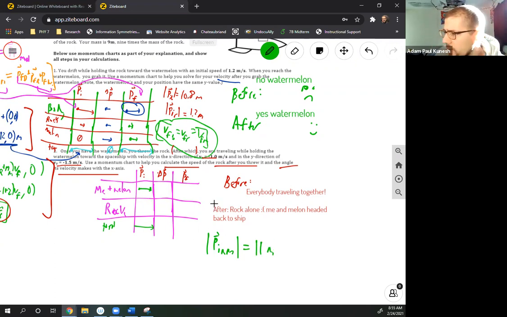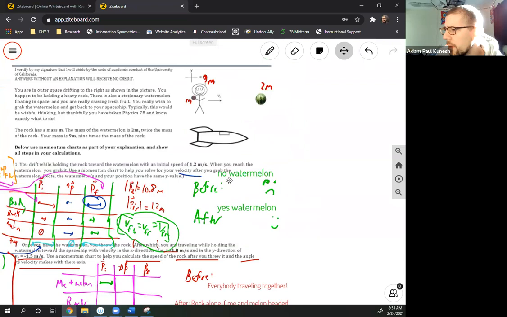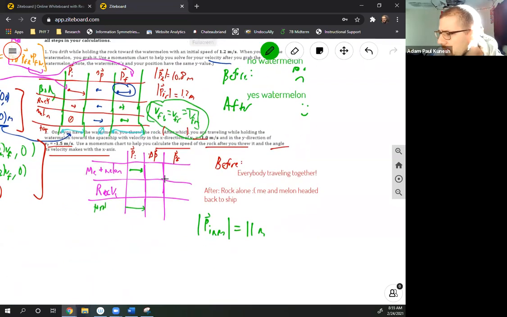Okay, for the rock, now the rock weighs 1m. So its initial momentum is going to be a lot smaller, pointing in the same direction. Momentum initial of the rock, the magnitude of that is 1m. 1 meter per second times 1m for the rock's mass gives me 1m as my magnitude of momentum.